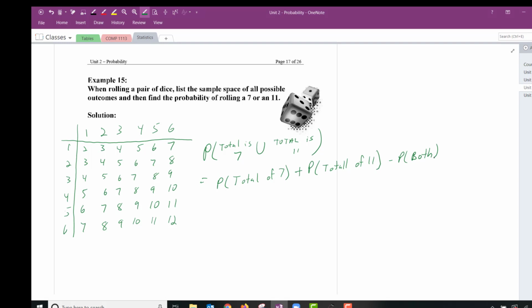You can see this is a case where we have mutual exclusivity. You can't roll a total of 7 and 11 at the same time, so we can just essentially say that this is going to be 0.